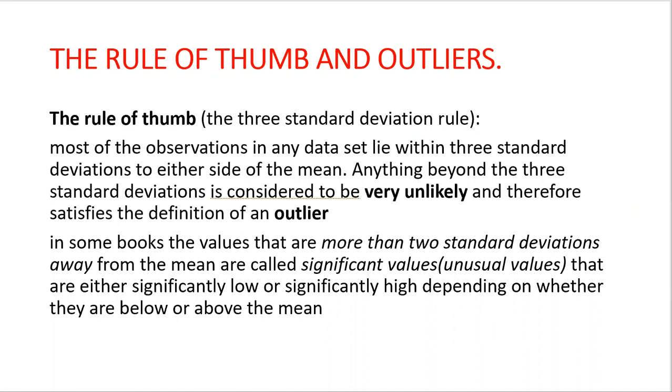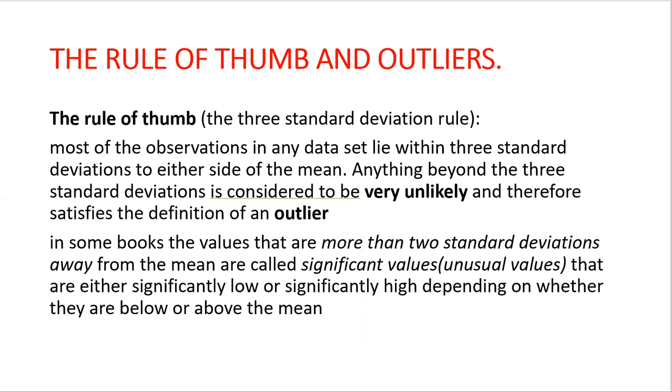It says most of the observations in any data set lie within 3 standard deviations to either side of the mean. Anything beyond 3 standard deviations is considered to be very unlikely and therefore satisfies the definition of an outlier. So all the outliers are beyond 3 standard deviations from the mean.